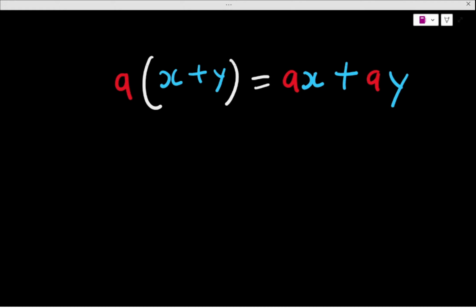It doesn't matter if it's x plus y or x minus y, because we could let y be equal to negative y. What do I mean?